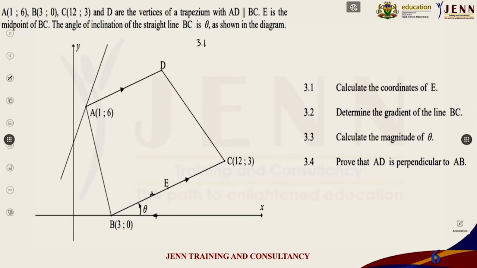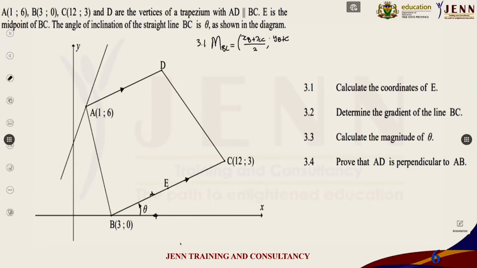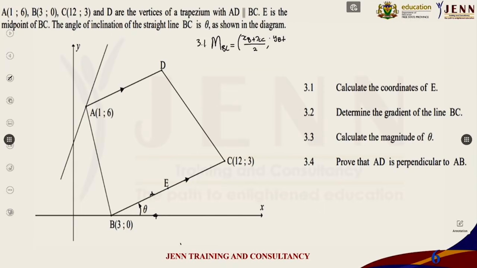For 3.1, the midpoint of BC equals open bracket the x coordinate of B plus the x coordinate of C divided by 2, the y coordinate of B plus the y coordinate of C, then divide by 2, close your bracket.